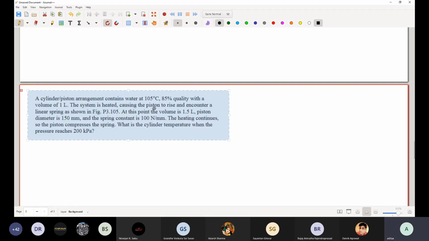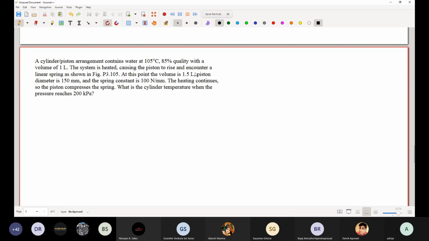This is the problem. You must first conceptualize the problem before going to fetch any property or anything of that kind. So we have a diagram as well. The diagram is sort of straightforward.